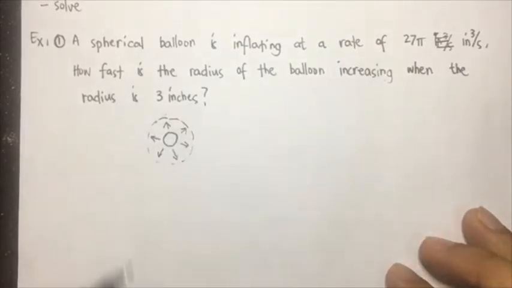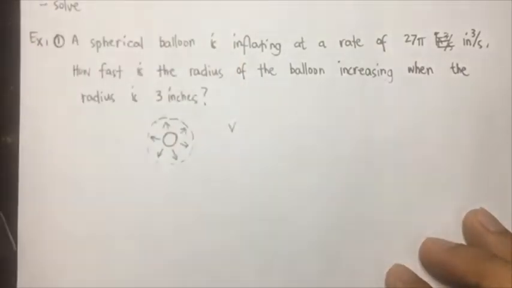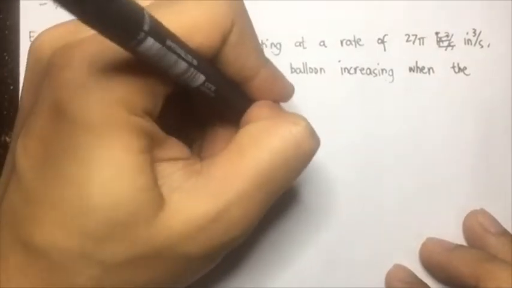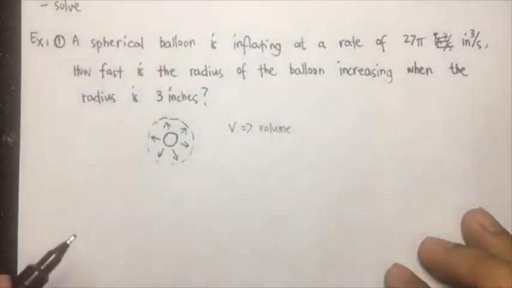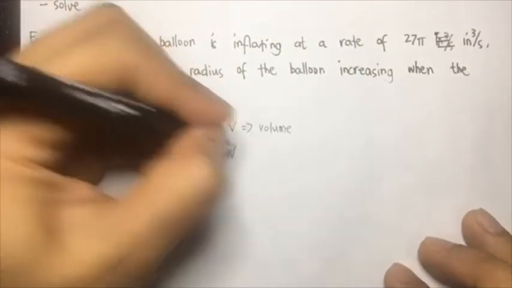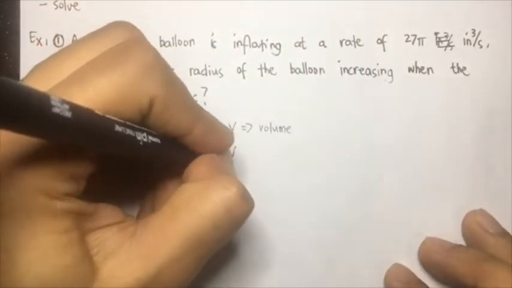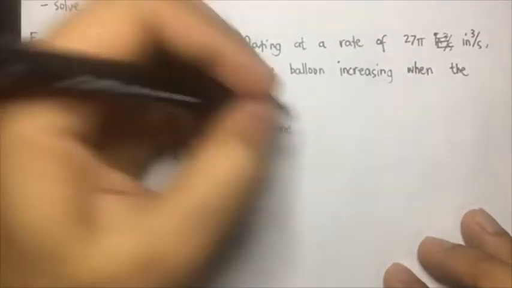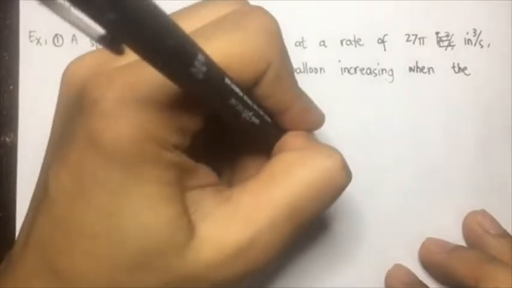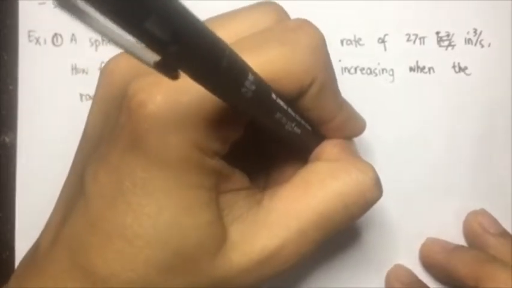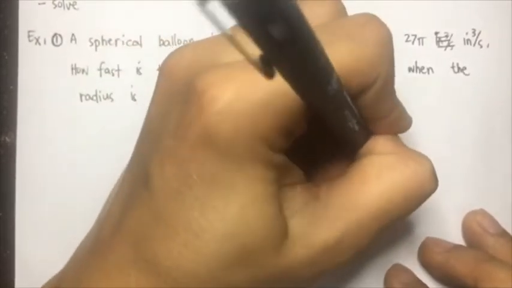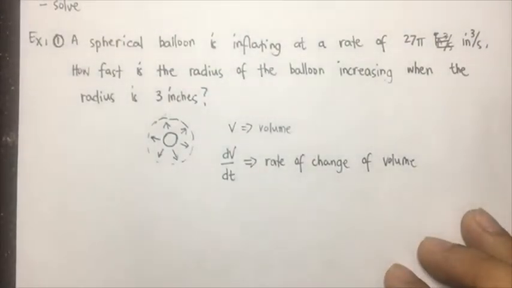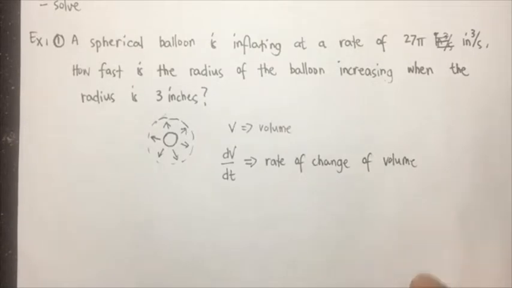Therefore, if we let V be our volume, then the derivative of V with respect to time corresponds to the rate of change of the volume.